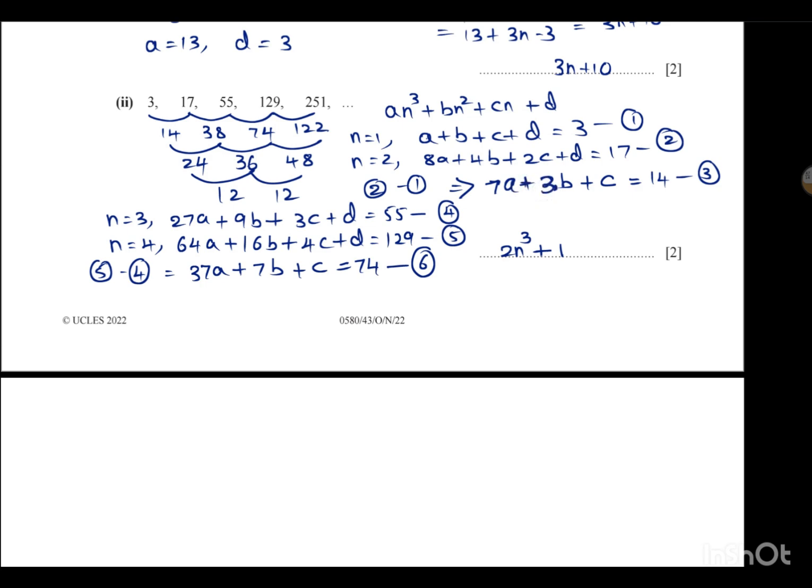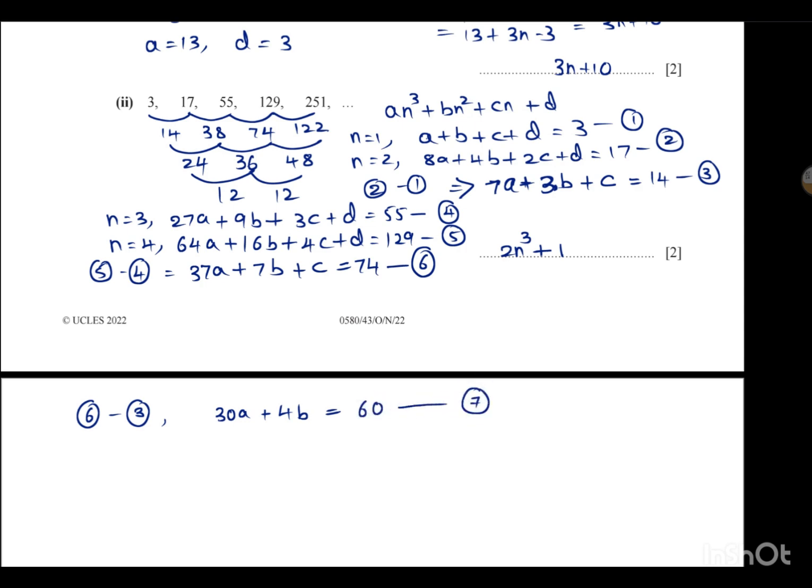So we can take this one and this one to make it into only two variables, a and b. So I'll do equation 6 minus equation 3. I have 37 minus 7 is 30a, 7 minus 3 is 4b, c minus c is 0, 74 minus 14 is 60. So this is equation 7.